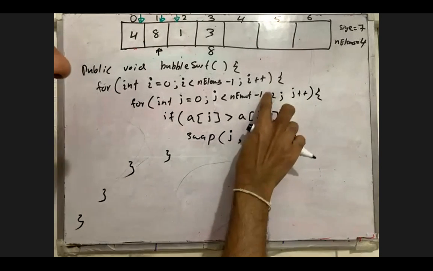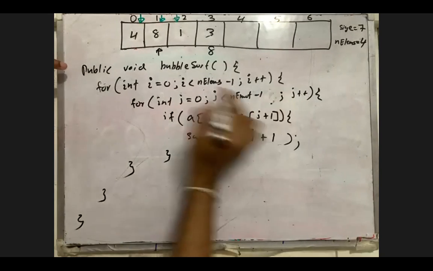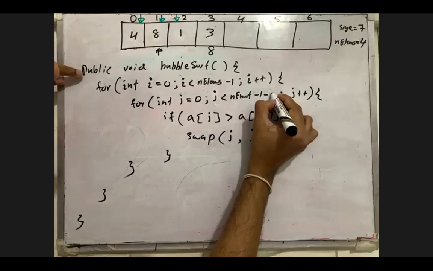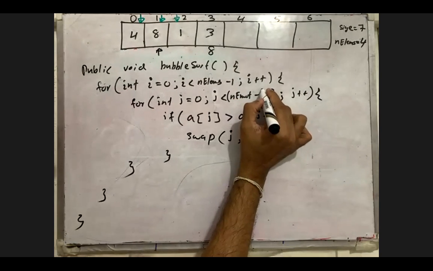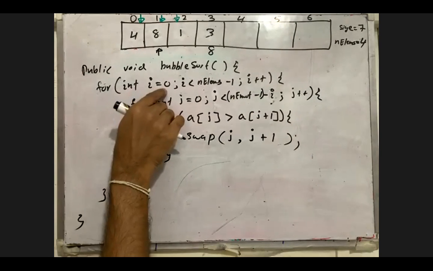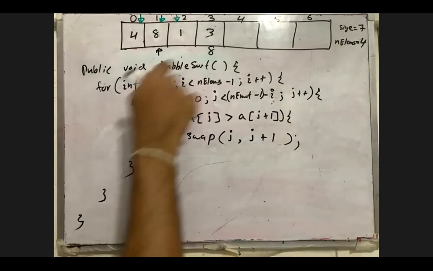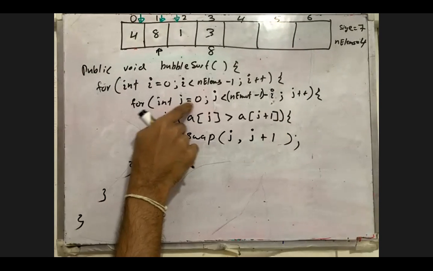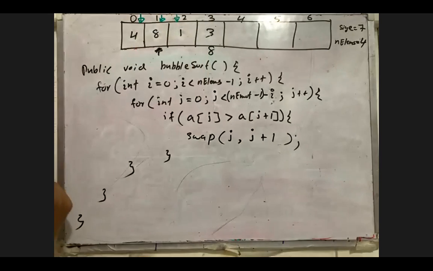Therefore, how you can change this one? In the first iteration, you do not need to minus anything. Here you have to use -i. Number of elements -1. It's better you put the bracket. After that, -i. Initially, i is 0, so -1 -0. After that, next iteration, when i becomes 1, then you have to stop at this point. -i. Anyone has problem up to here?